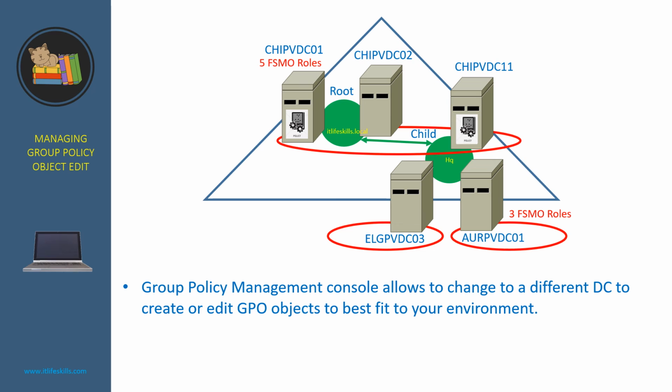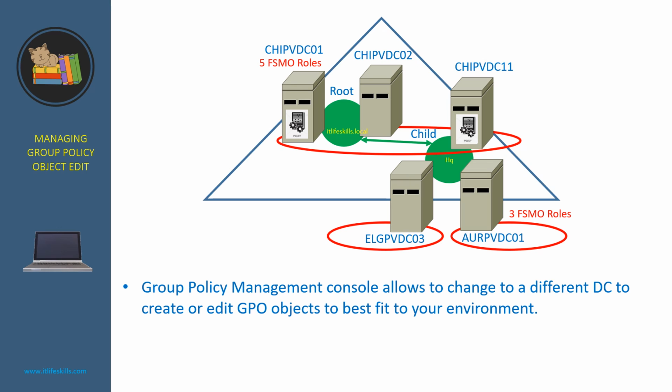As you can easily recognize, making the PDC emulator the default domain controller to create or edit group policy objects in the domain allows us to have a common view on group policy objects and avoid the potential conflicts of creating two policies with the same name on different domain controllers.